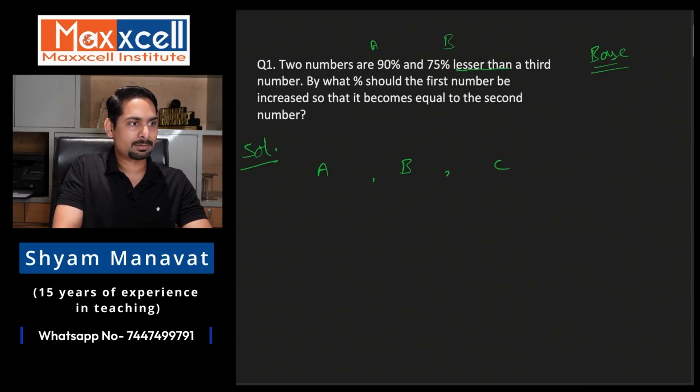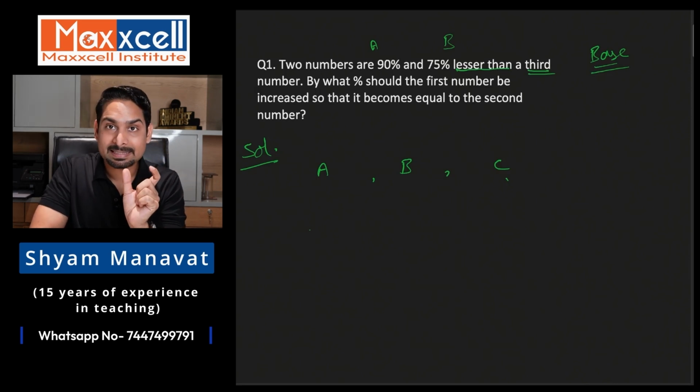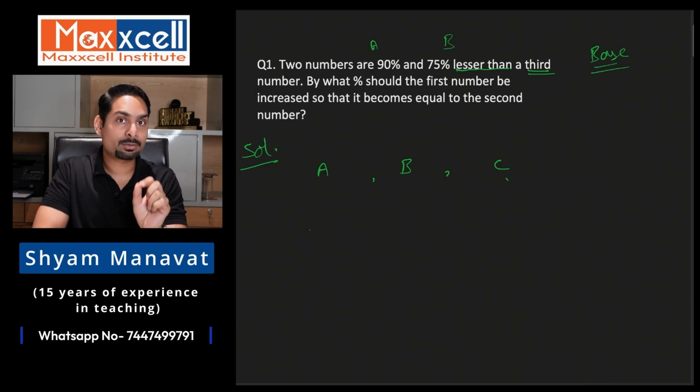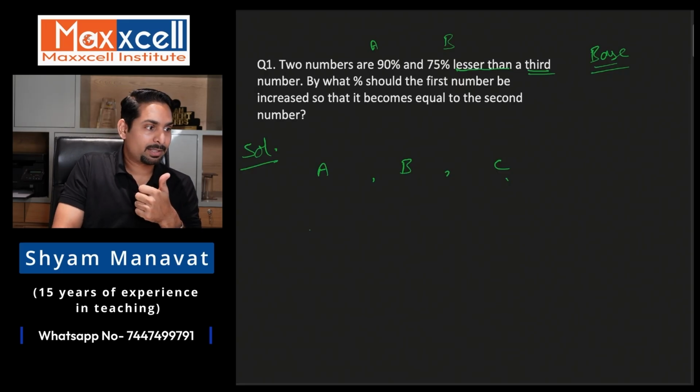The third number. That means both of them are compared with C, right? So C is the base value. So whatever changes you are going to do, you are going to do for the base value. I hope that's clear.